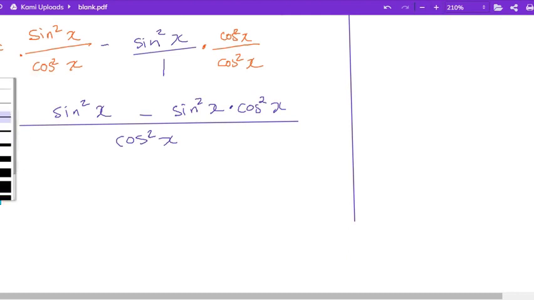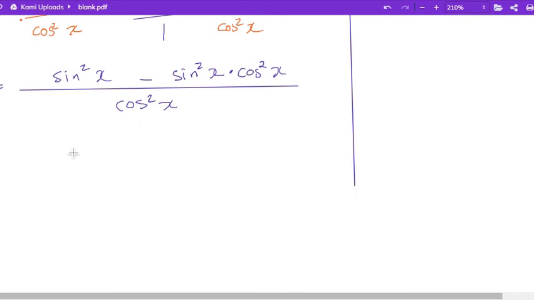So watch this. Sometimes it's easier to change these things into x's and y's. So I'm going to make the sine y and the cos x squared. What can I do here? Common factor. So I have a binomial, two terms.